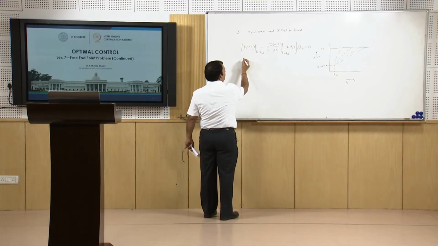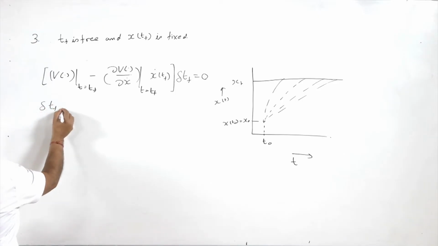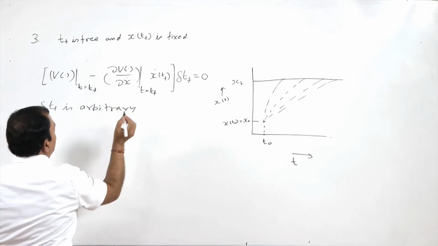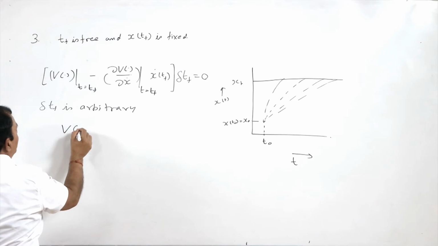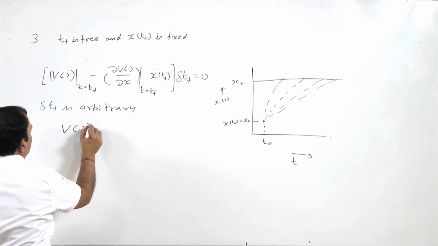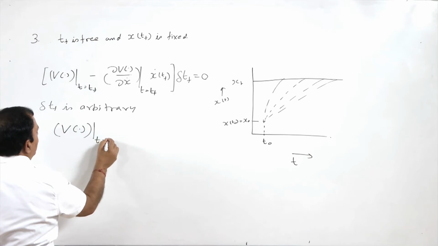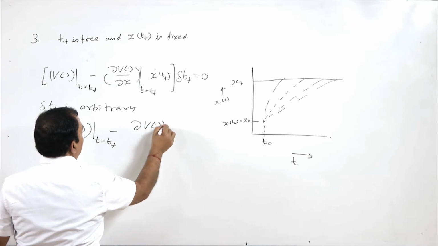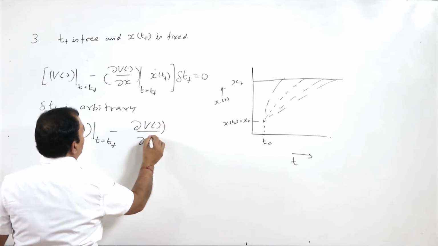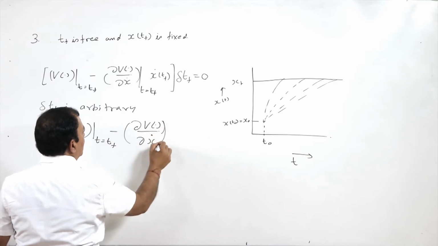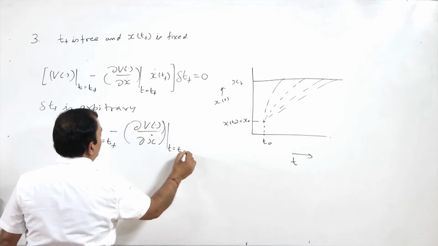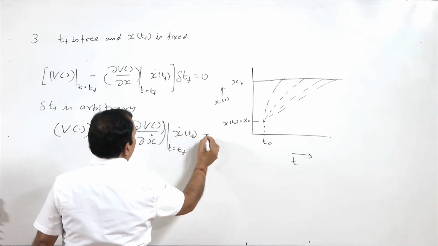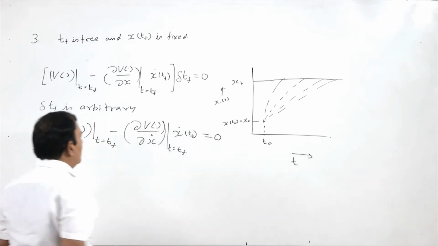As delta tf is free, delta tf is arbitrary. So, we can simply write v dot at t equal to tf minus del v by del x dot, again evaluated at t equal to tf, times x dot of tf, that must be equal to 0.